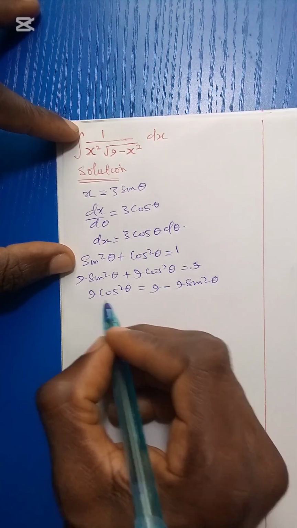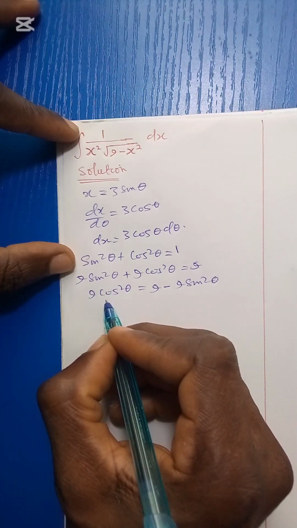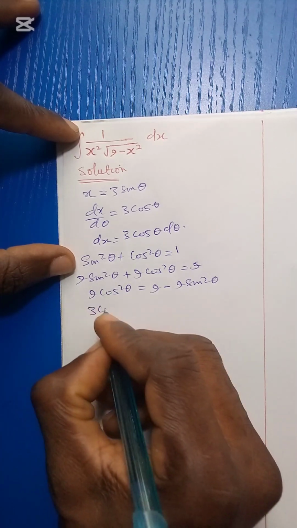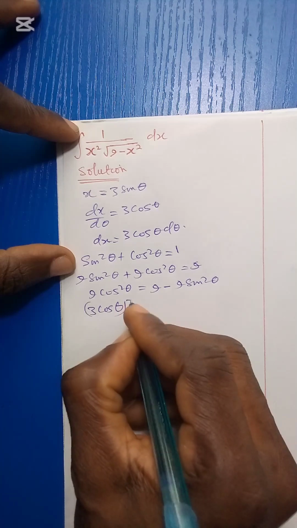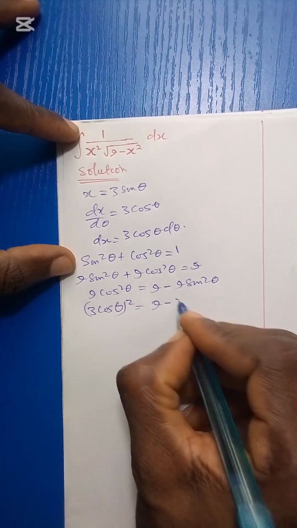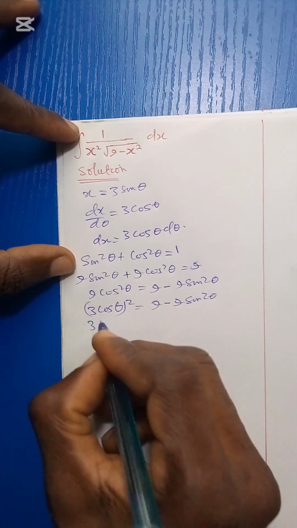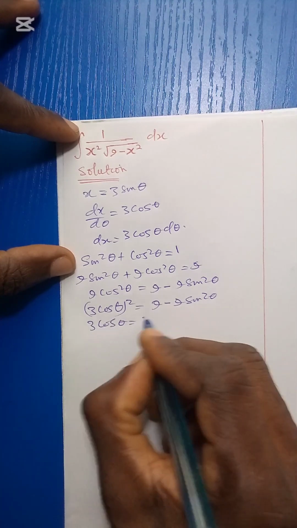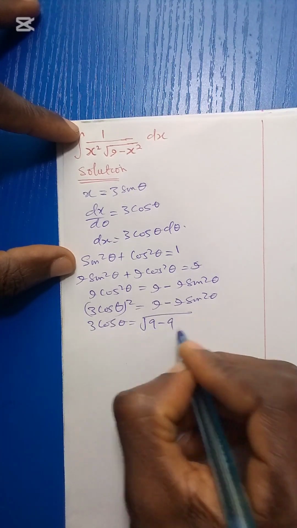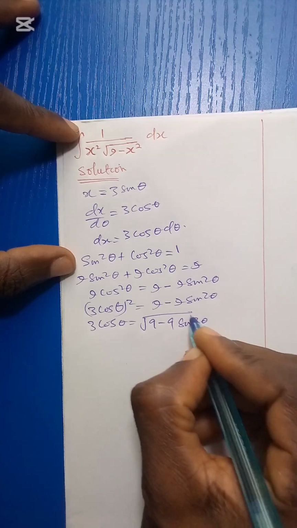Again, let us reduce this into a simplest factor. So 3 cos theta all squared is equal to 9 minus 9 sine square theta. Now 3 cos theta is equal to the square root of 9 minus 9 sine square theta.